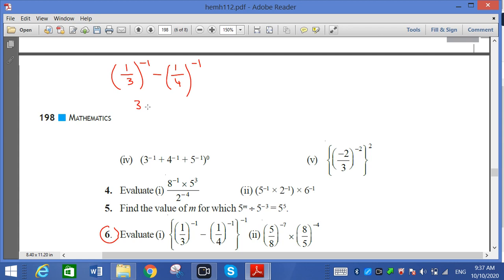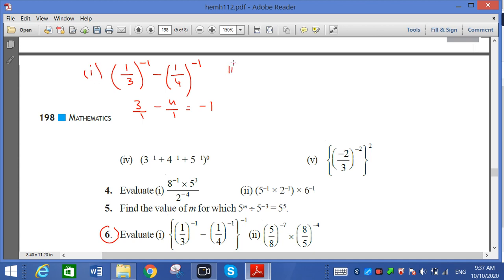So 3 upon 1, and here 4 upon 1. Again 1 upon 3 we have to reciprocal, 3 upon 1, the power is positive. Again here the negative power becomes positive. So 3 minus 4, that is minus 1. This is the first sum.